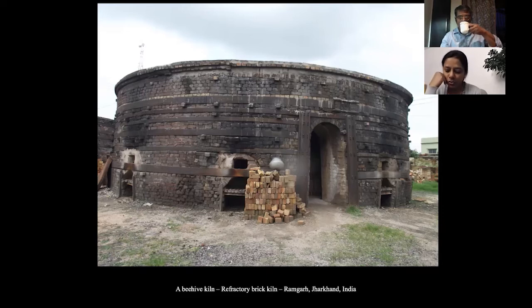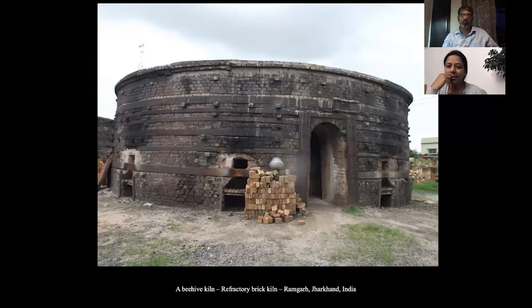Jun Kaneko is a Japanese American man who makes 40 feet size clay sculptures, and they are fired in a gas fueled kiln of this shape, a beehive kiln. Massive. So it was really surprising for me to run into a beehive kiln in India.